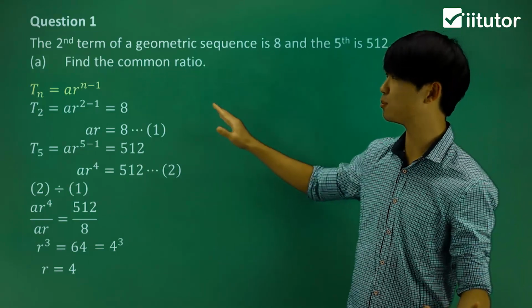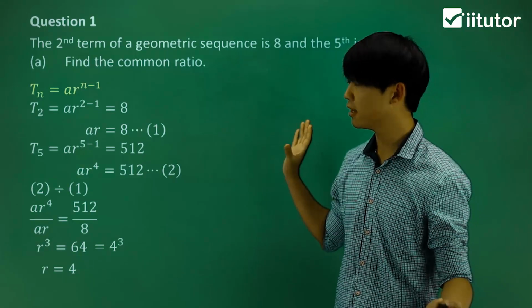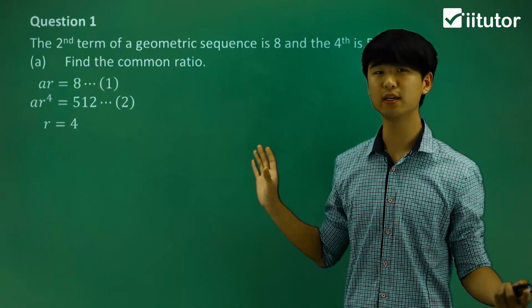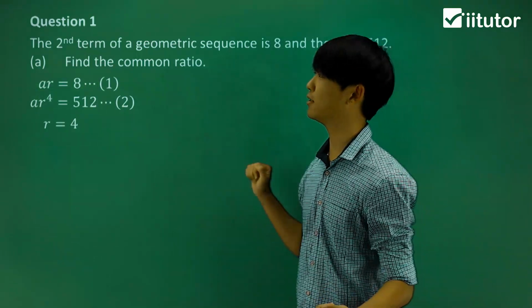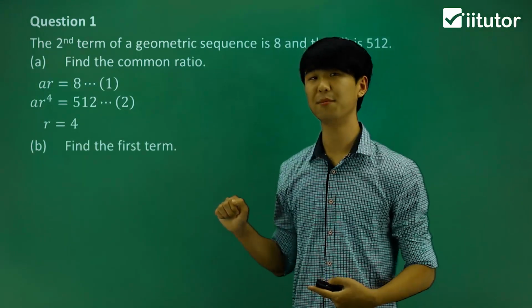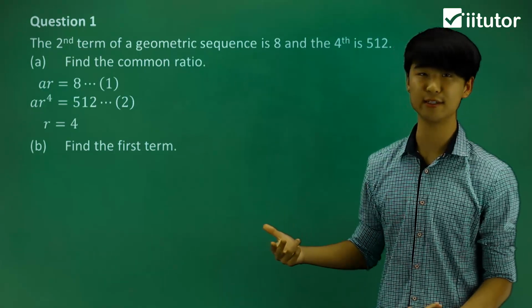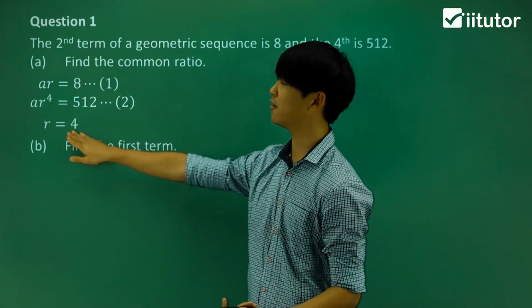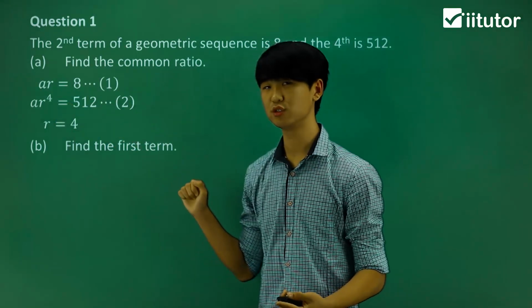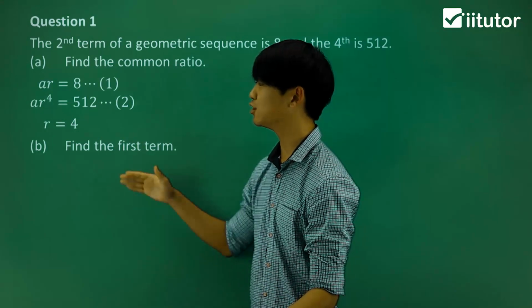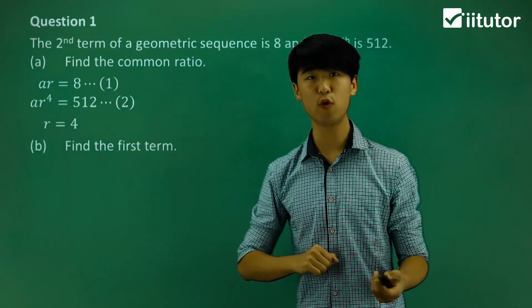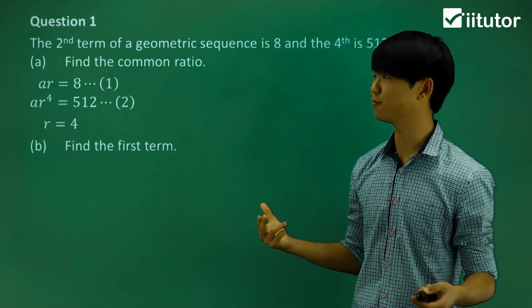So that was the first part of this question. We found the common ratio. I'm just going to leave that up here as well as my other two equations, because part B tells us to find the first term, so we want to find what a is. We know what r is, and we have these two equations that involve a and r. If I substitute r equals 4 into one of these equations, then I should be able to find a.